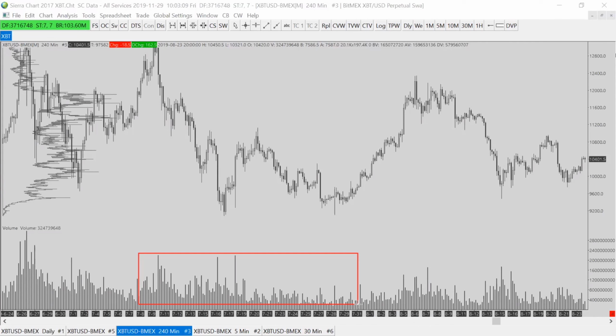Volume profile displays the volume by price, so volume on the y-axis, over here. It shows you how much volume transacted at each price or over a series of prices, and displays this in a histogram.